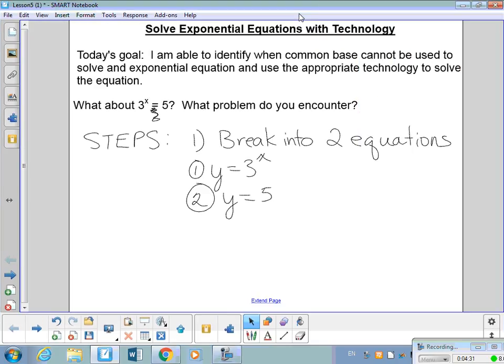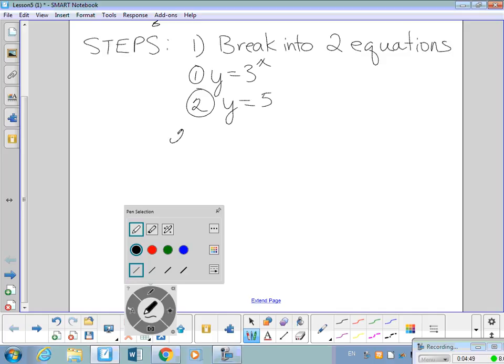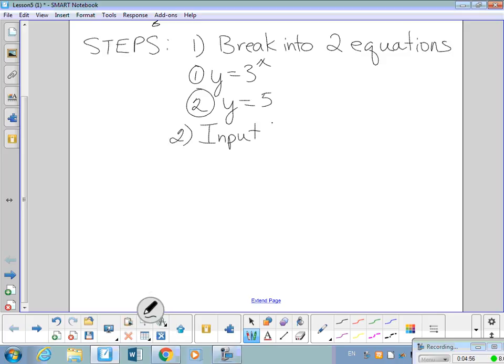So we've taken our question, we divided it into two equations, and you saw what I did next. I actually entered it into Desmos. So the second step is to input both equations into desmos.com.